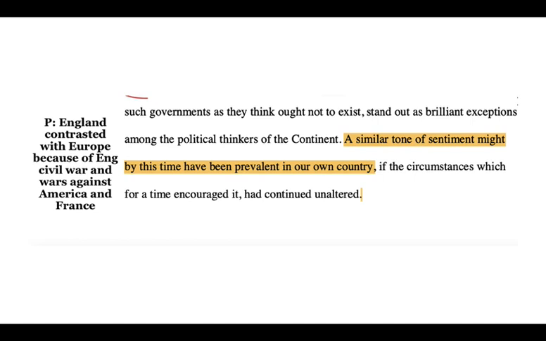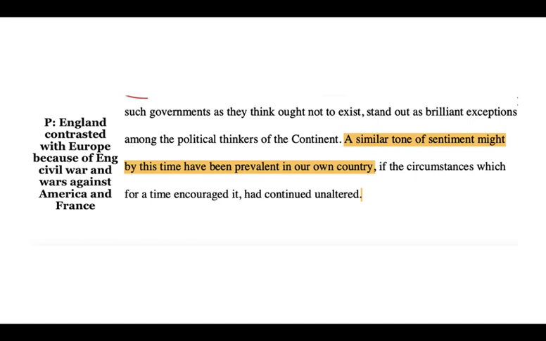Basically, Mill is saying we might have ended up with the same kind of governments as we're seeing in France, for example. So we might be seeing similar governments as we see on the continent at this time, but we don't because of circumstances. And so Mill doesn't fully explain what those circumstances are, so this is a good place for me to make a prediction because I'm guessing that's where Mill is going to be headed.